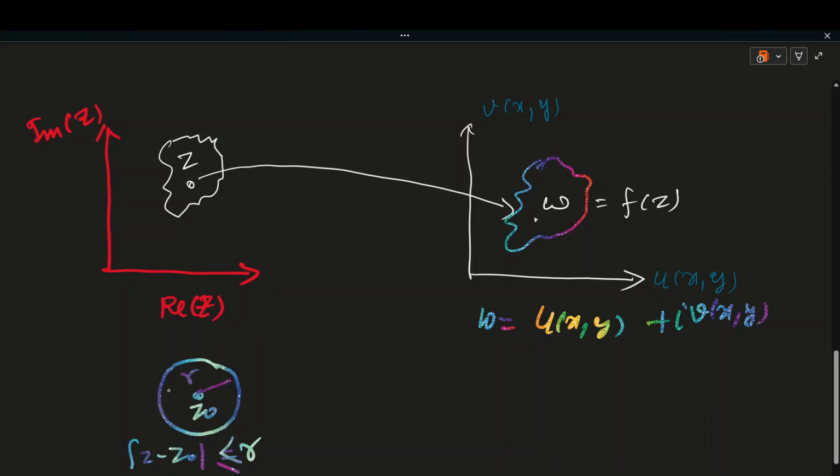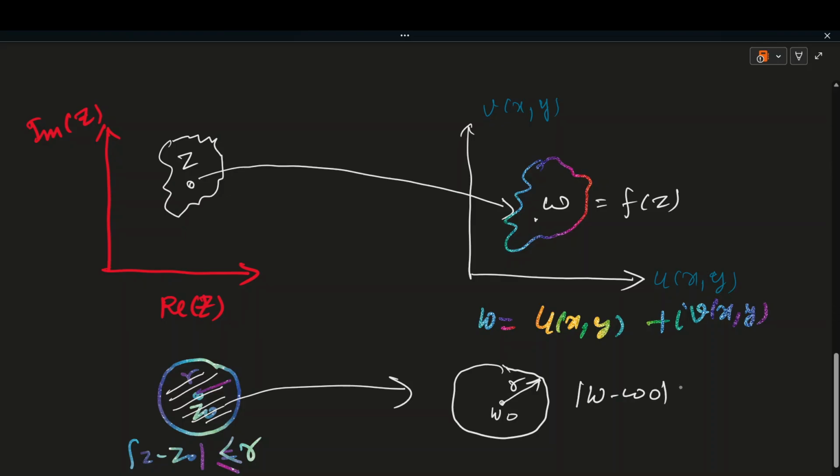We have some domain in the complex plane, and this will map to some region. Maybe it will be a disk or not, I don't know, but there will be some region around omega naught. Let's take that the region we get as output is a disk, and then this is |omega minus omega naught| with some radius r1.